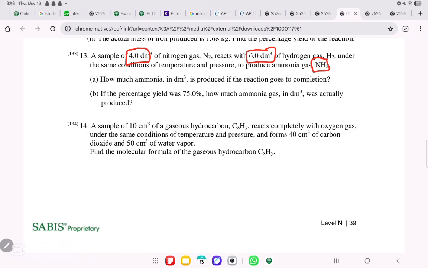Nitrogen gas N2 reacts with hydrogen gas H2 to produce NH3. Unbalanced, how do you balance it? 2 here, 3 here. Now what did they say? They said 4 decimeter cubed of nitrogen gas, 6 decimeter cubed of hydrogen gas. Now they ask how much ammonia in decimeter cubed is produced if the reaction goes to completion.